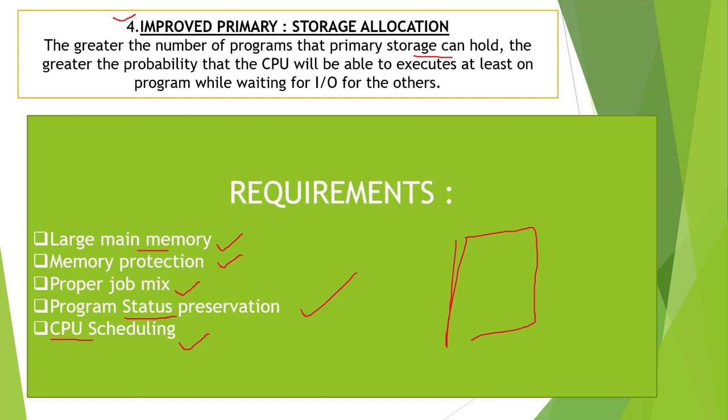But in multiprogramming, several jobs can run in memory in a concurrent and simultaneous manner. So multiprogramming is more efficient than serial and batch processing. So this is all for the multiprogramming system.